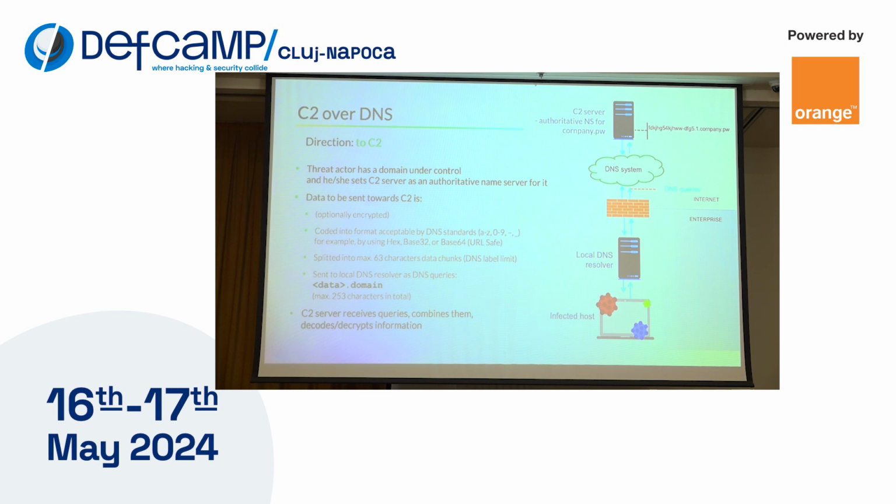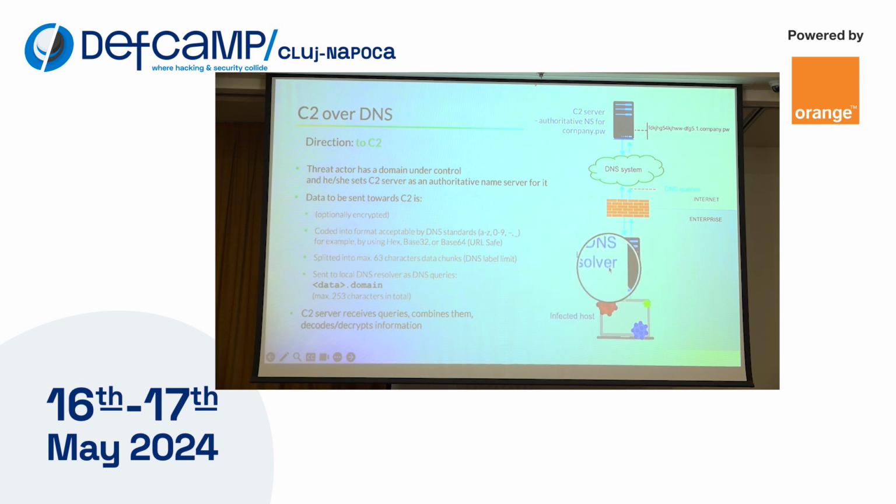So data is encoded here as just a fully qualified domain name, and it is sent as a DNS query to the local DNS resolver. It is not sent directly to the C2 server, as typically it's happening with C2 over HTTPS, for example, but it's sent just as a normal DNS query to the local DNS resolver.